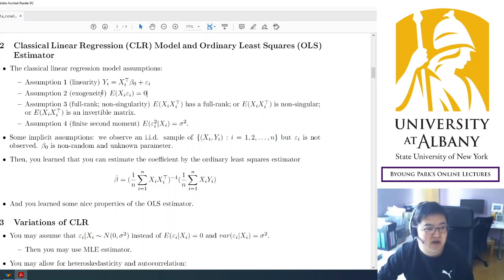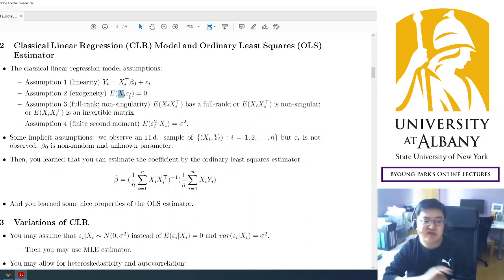But I will just keep it as covariance equals 0. Since they are uncorrelated, we call that exogeneity. So we say that the variable x is exogenous, which is defined by this condition: x is uncorrelated with epsilon, or independent of epsilon, or mean independent of epsilon.